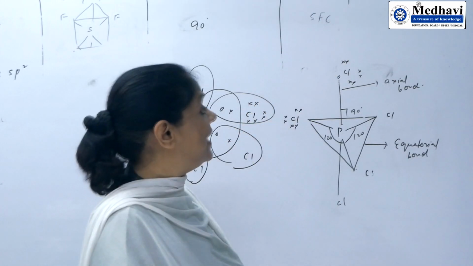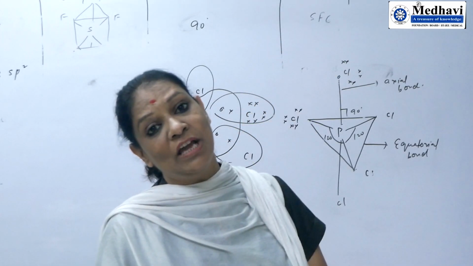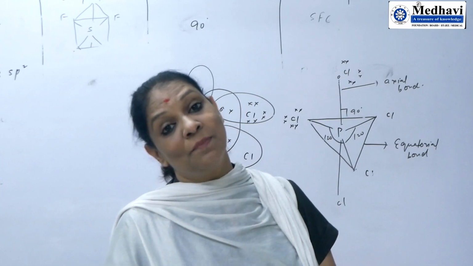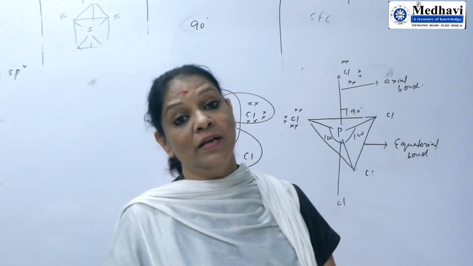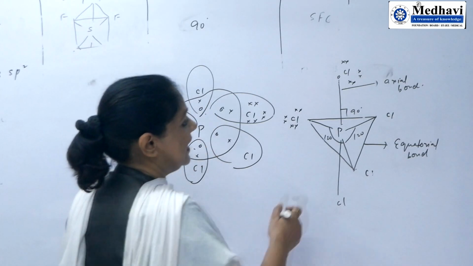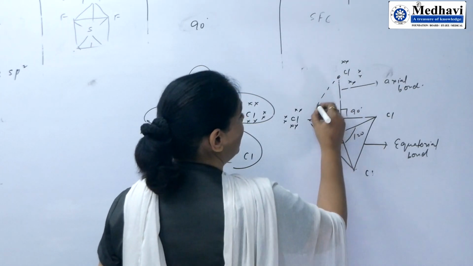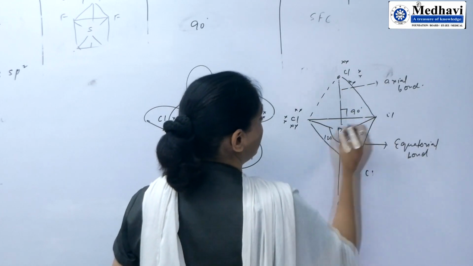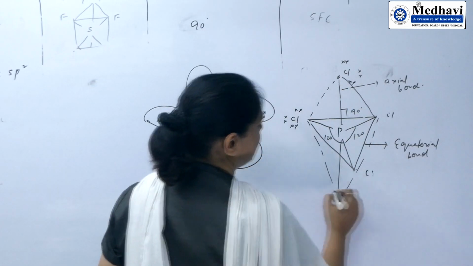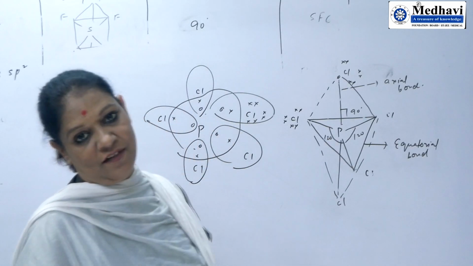So you can see that axial bond is longer than equatorial bond because it avoids repulsion between electron pairs. So in this way, we can say how bonds form in PCl5. These are the types of bond developed in PCl5.